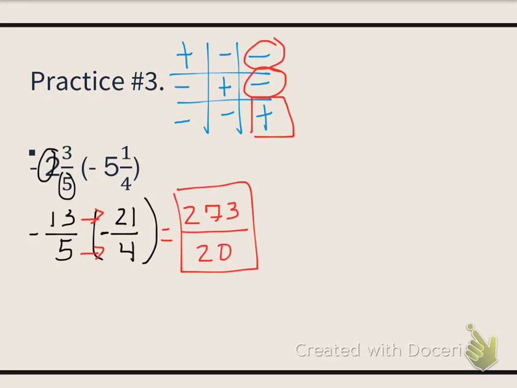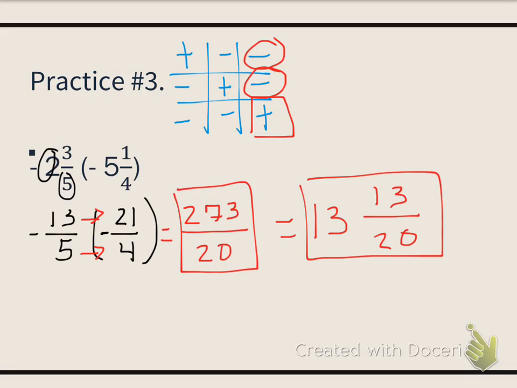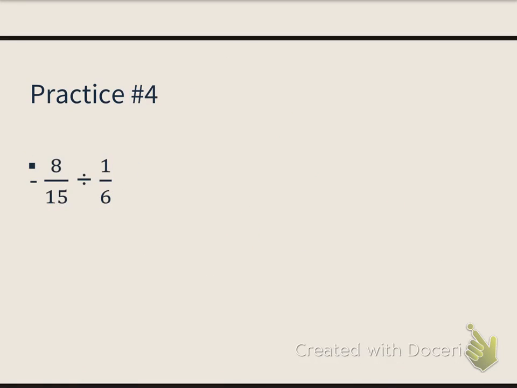So this is our answer. If we wanted to convert that back to a mixed number, we divide 273 by 20, which gives us 13, and then take our remainder and put it back over that. So that is our answer, because negative times a negative is a positive.